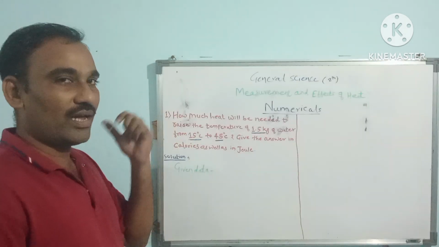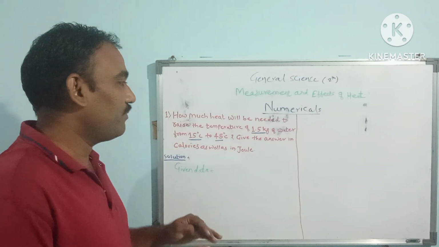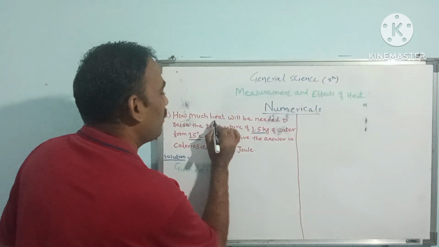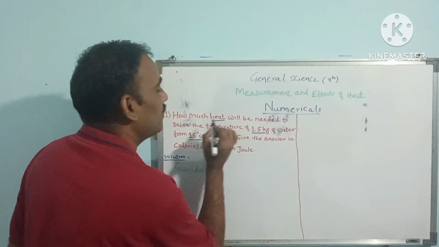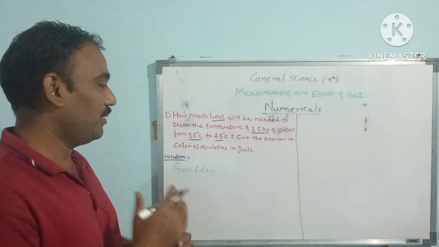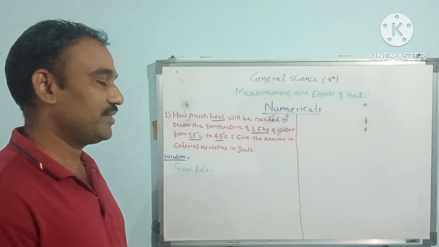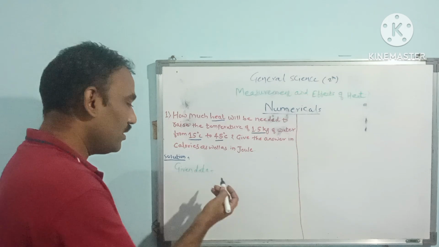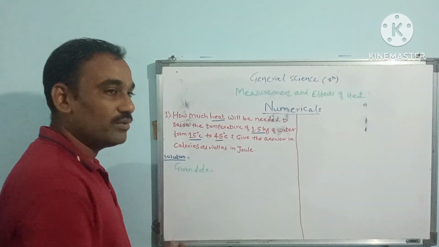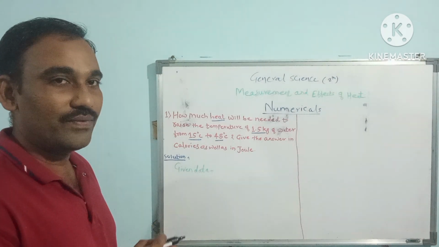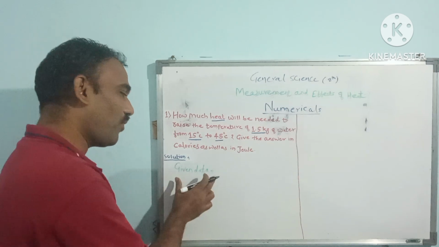From this given data, we have to find out the amount of heat required to raise the temperature from 15 degrees Celsius to 45 degrees Celsius. For that purpose, first of all, write down the given data. Given data means what?